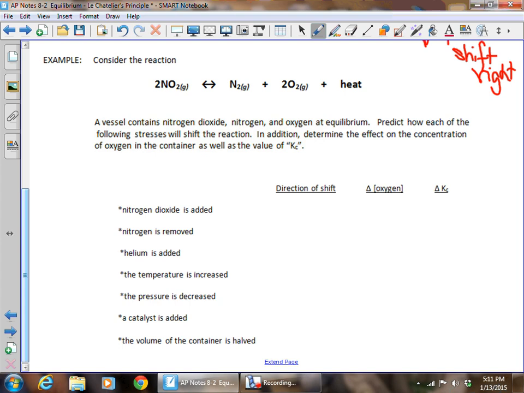If we increase the amount of nitrogen dioxide, remember, if we increase a term on one side or the other, it's going to shift to the opposite side. So this would result in a shift to the right, which means we're going to get more products.